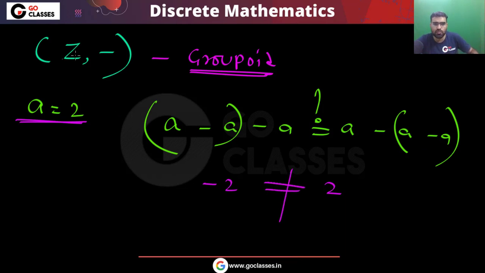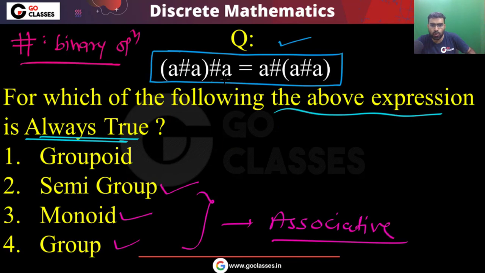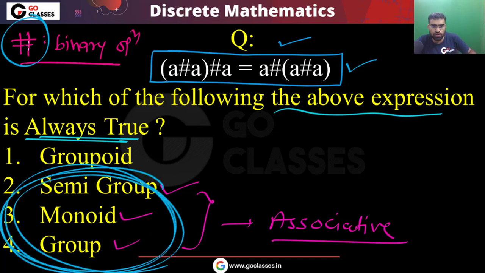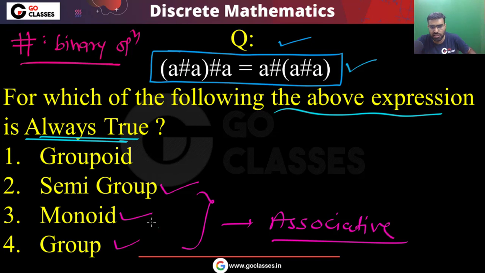So for a groupoid, this property may not be true, because this is your associative property. It will be true if the operation is associative, and the operation is associative for these structures. For a groupoid, it may not be.